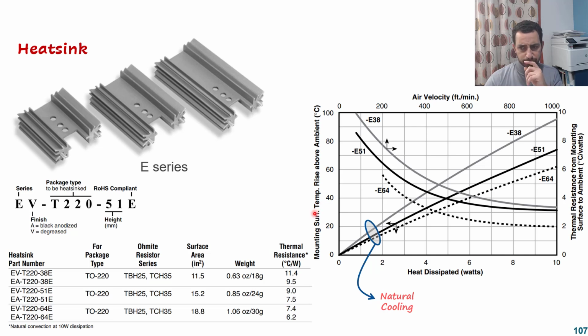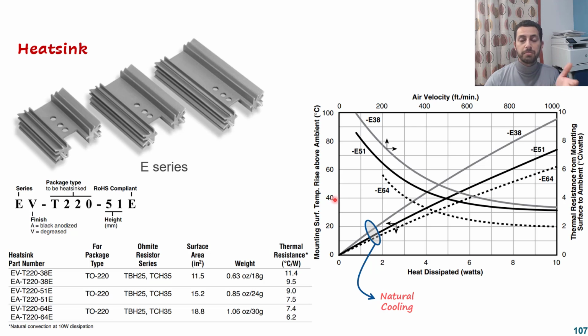For example, if I have 5 watt and I'm using the second heatsink, second heatsink means the middle curve, and 5 watt dissipation means if you go like that and there, you will find 40. It's a 40 degree difference from the ambient.